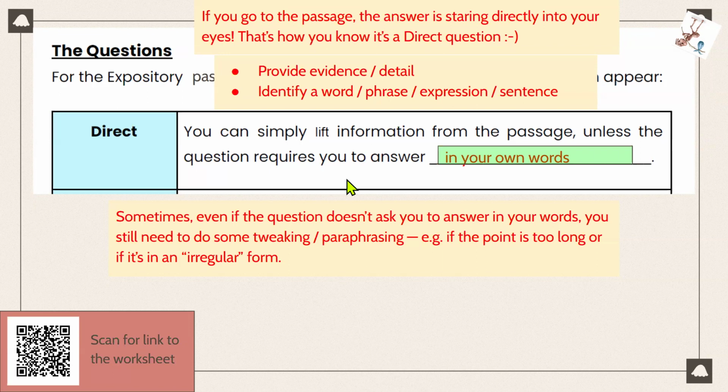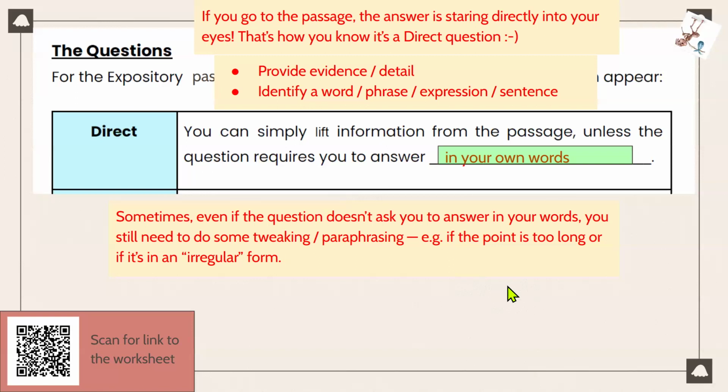Since you can't, high chance you need to do a bit of summarizing. So make sure that you don't just copy and paste everything blindly. Feel free to do some tweaking, some paraphrasing to shorten it so that it answers the question directly.